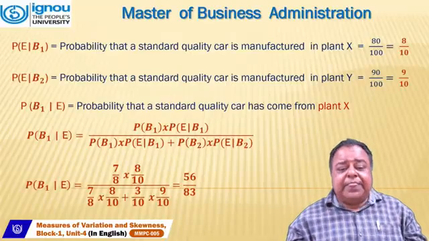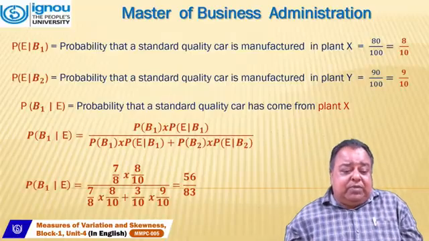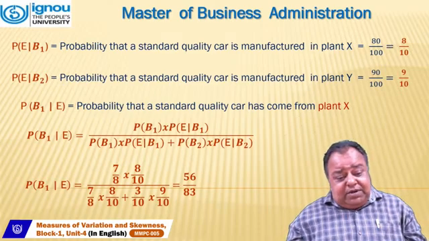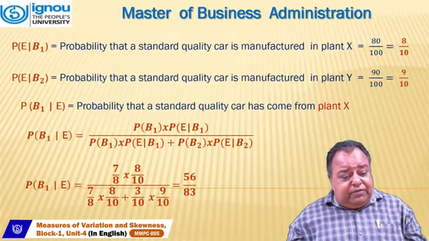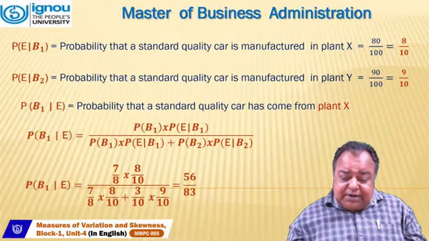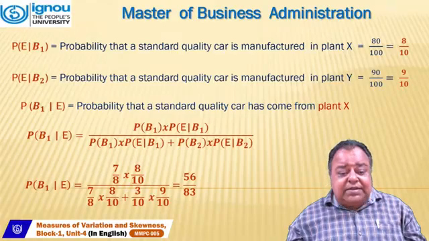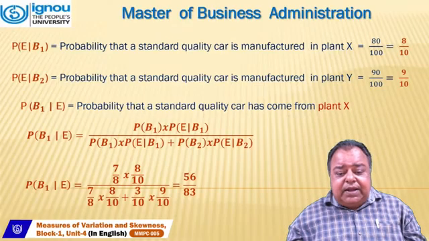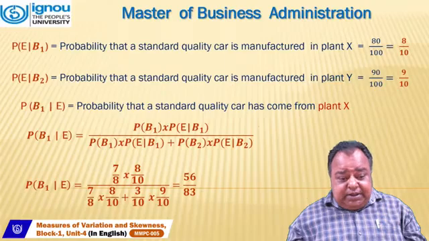And in the denominator, we will be adding all the possible terms. After evaluation, the probability that a standard quality car was selected from plant 1 comes out to be 56 by 83.